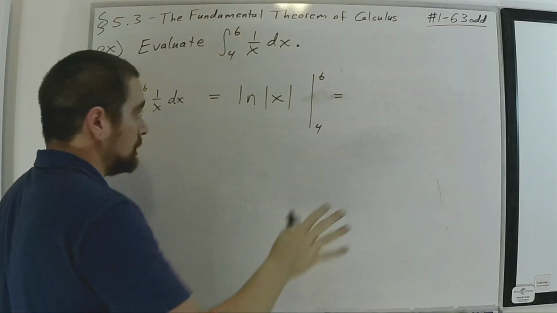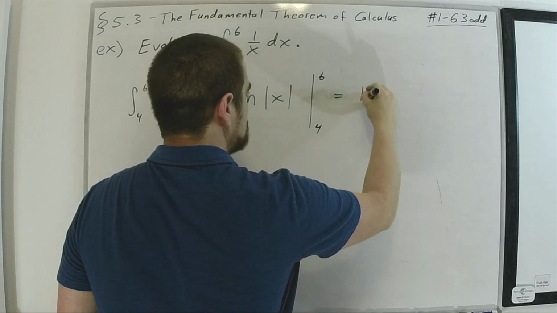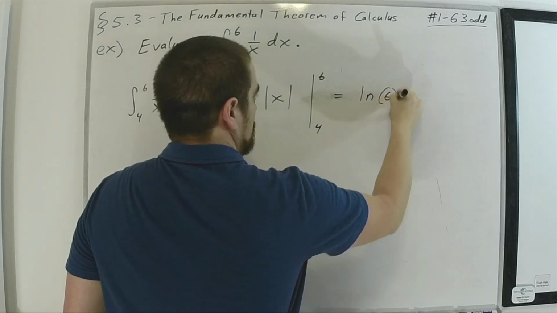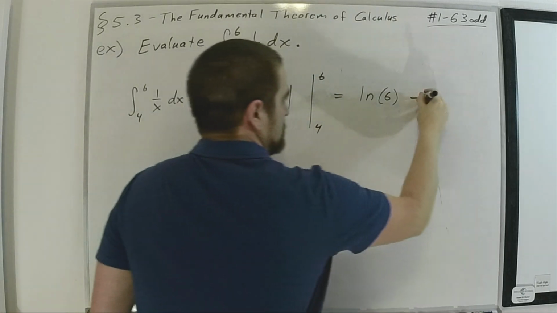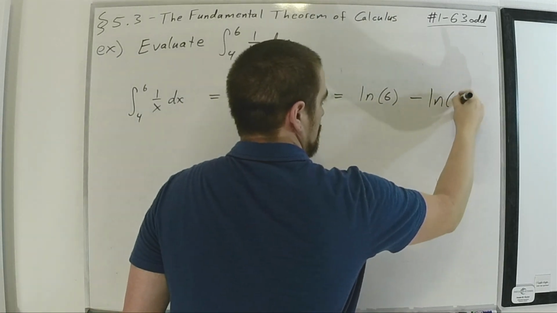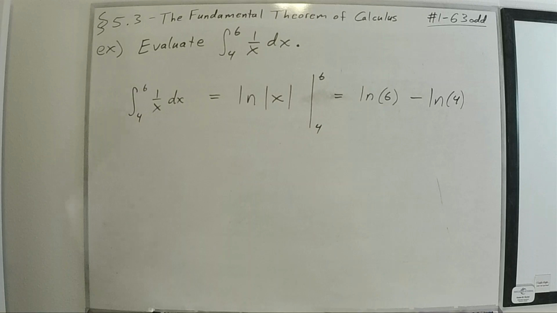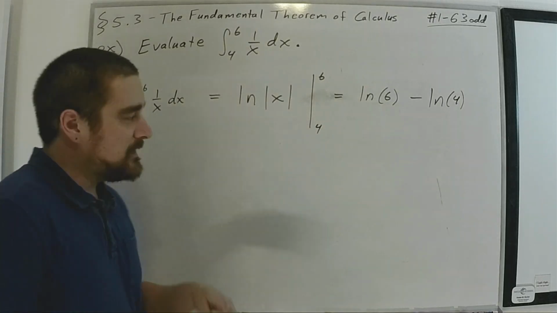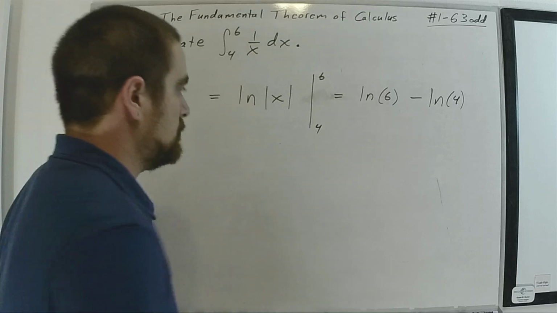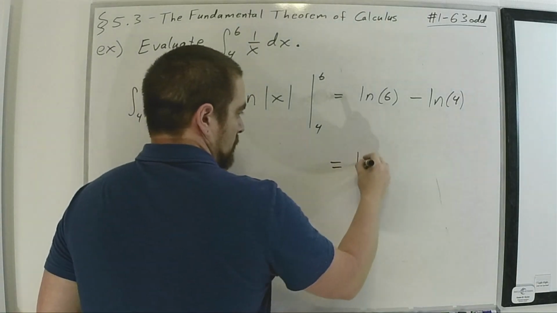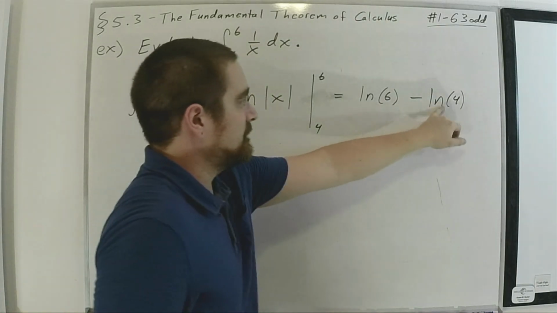So here is natural log of, again, the fundamental theorem says I plug in the upper limit, and then I subtract. Here is the natural log of, I plug in the lower limit. And again, if you need to approximate it, then you go approximate it. But for right now, we really don't need to approximate it. The only thing you really could do is look at your properties of logs.